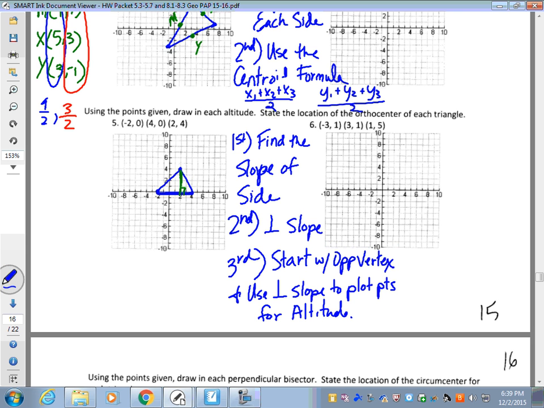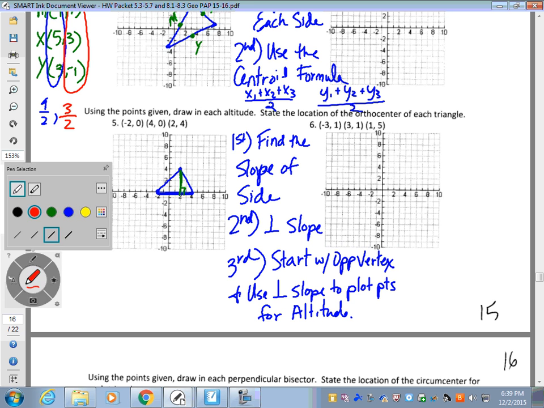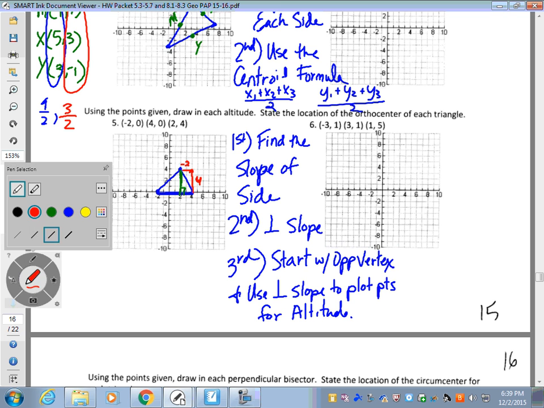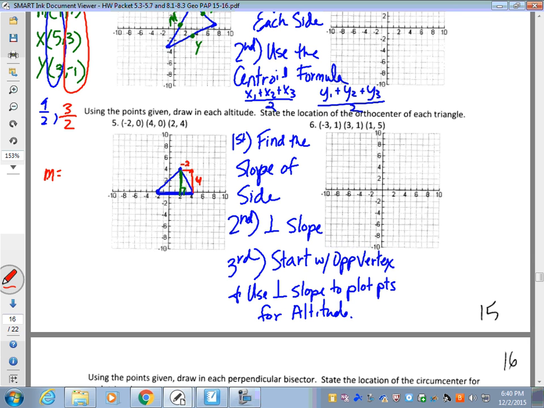So I want to find, let's say I find the slope of this side here. So this is a rise up 1, 2, 3, 4, and then to the left 2, so that's a negative 2. So let's just say the slope is negative 4 over negative 2, which is a negative 2. Then I do the perpendicular slope, which is 1/2.